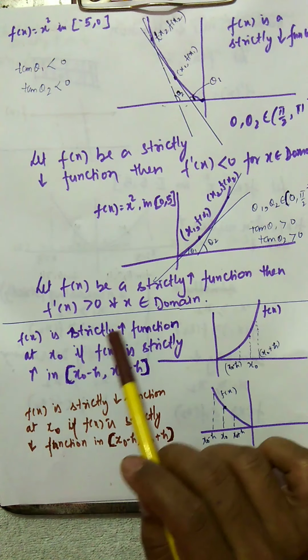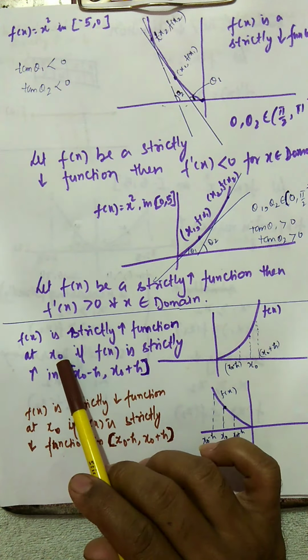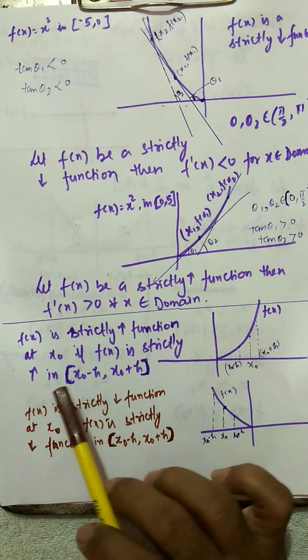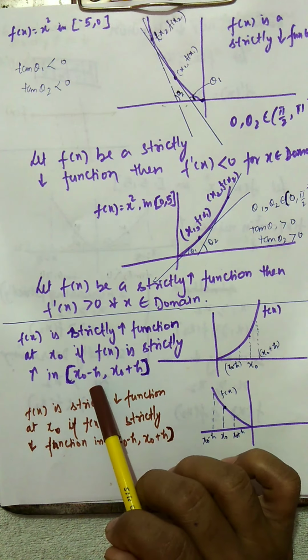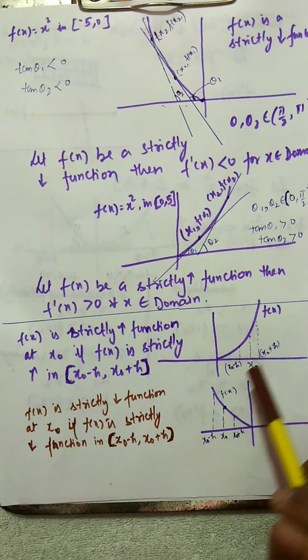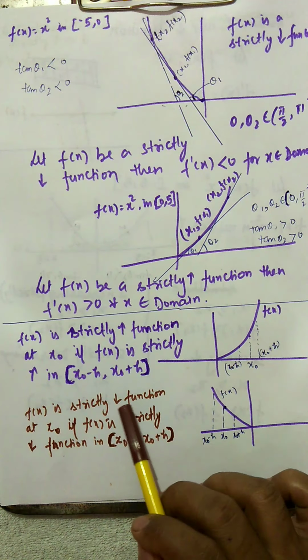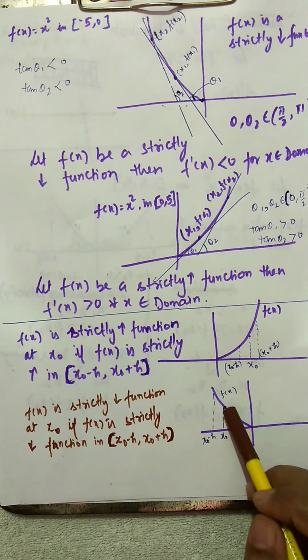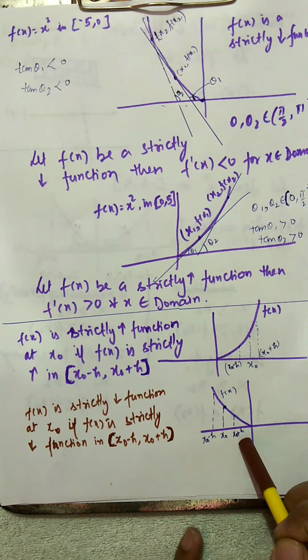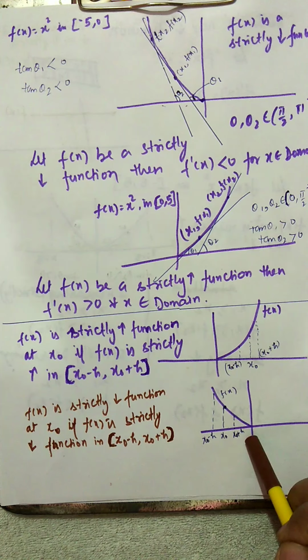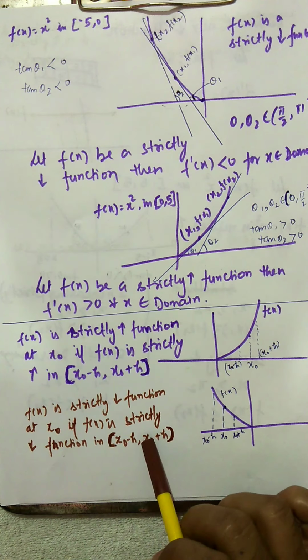So f(x) is a strictly increasing function at x naught if f(x) is strictly increasing in the open interval (x naught minus h, x naught plus h), and this h is a very small positive value. f(x) is a strictly decreasing function at a point x naught if there is an open interval (x naught minus h, x naught plus h) in which the function is decreasing.